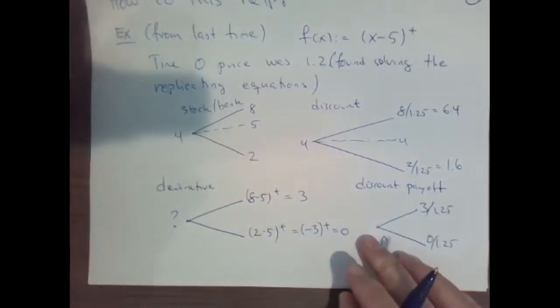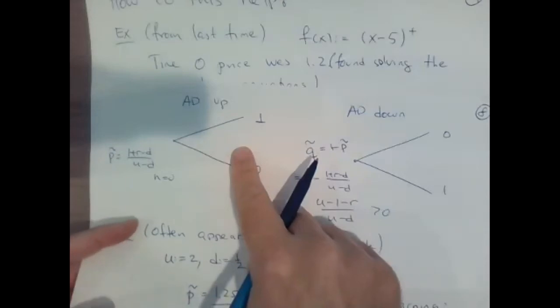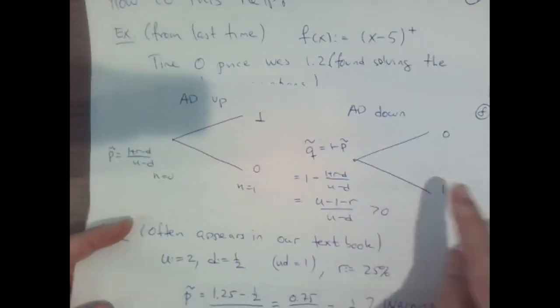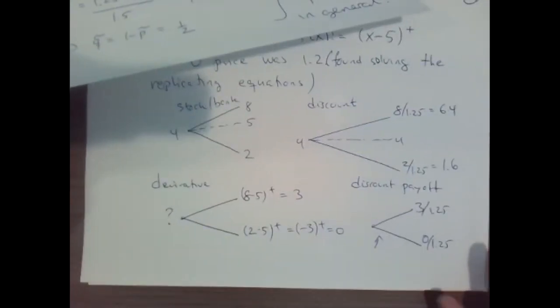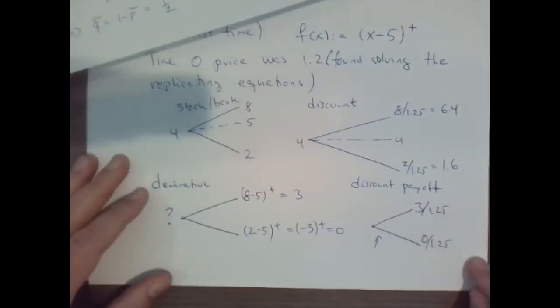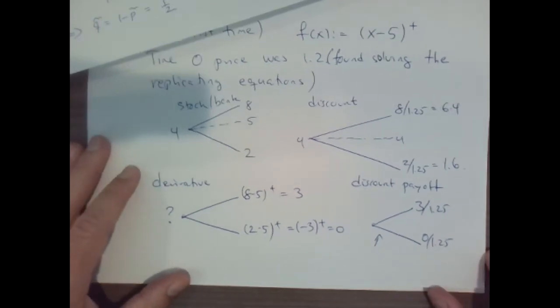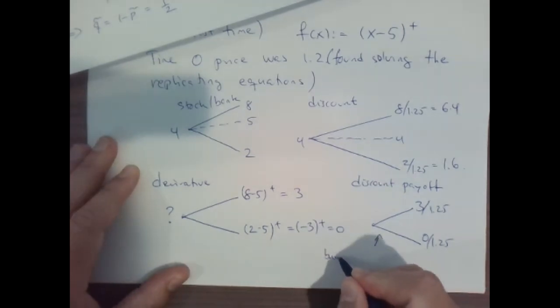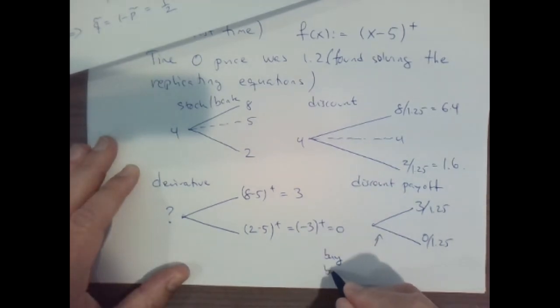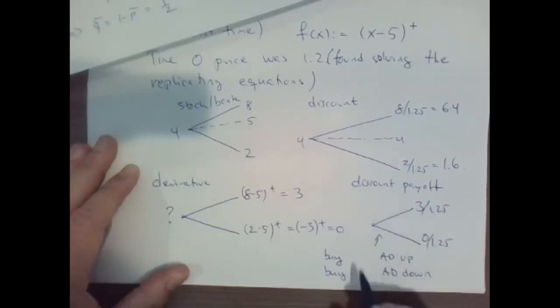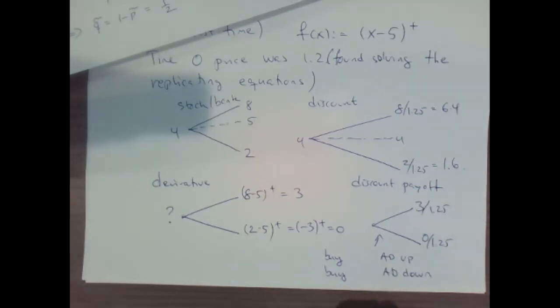I can trade in AD up, and I can trade in AD down. How many should I buy? How many of the AD up should I buy to replicate this payoff? How many should I buy of the down?